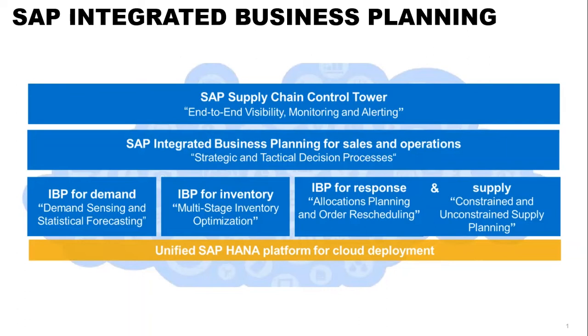On top of these modules, we have sales and operations, which is strategic level planning. Whenever you take the license for S&OP, it will contain a few features of the demand and a few features of the supply, not the complete functionality of either.